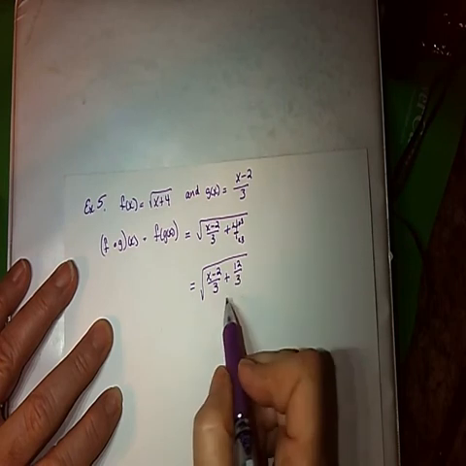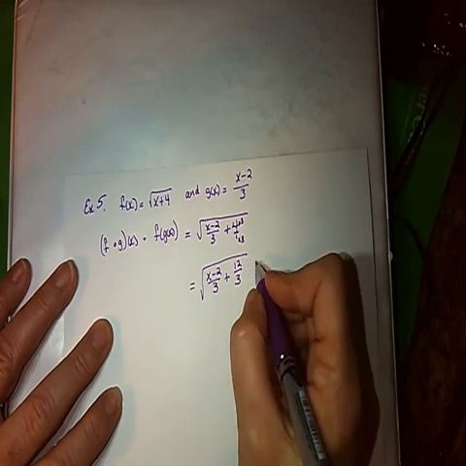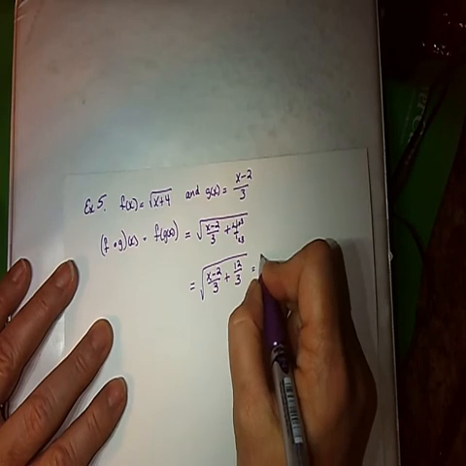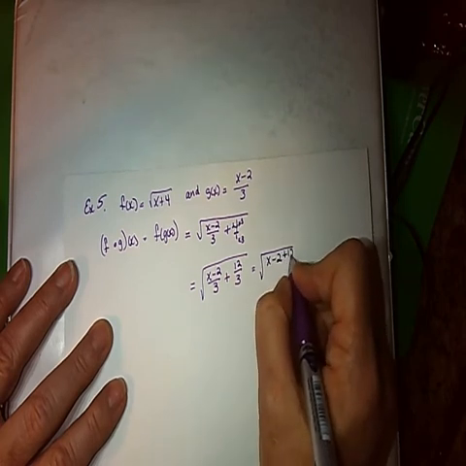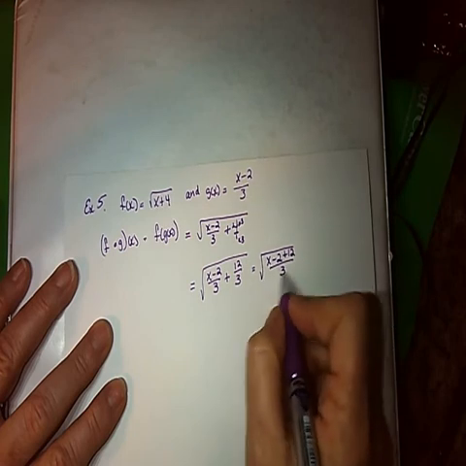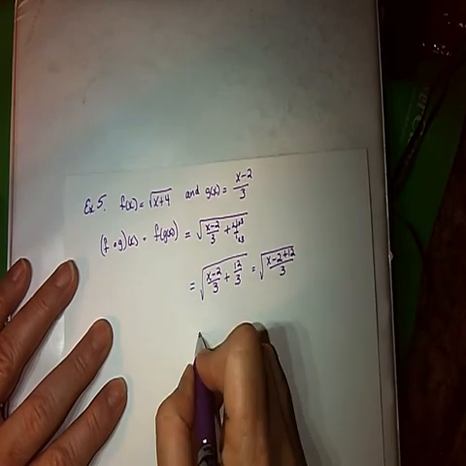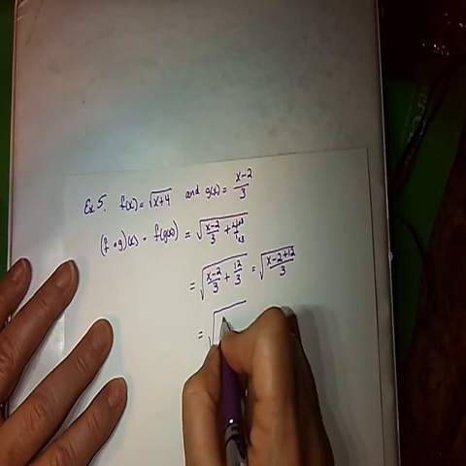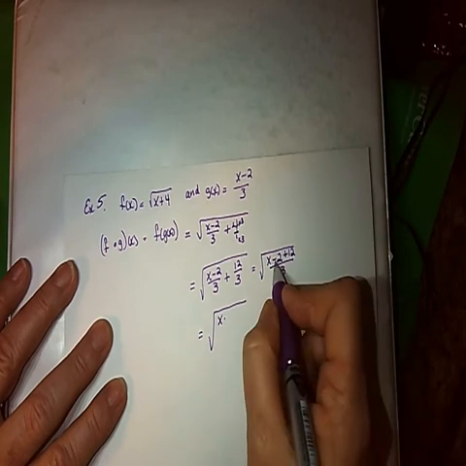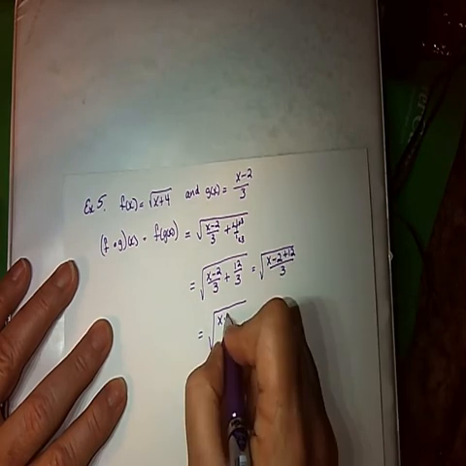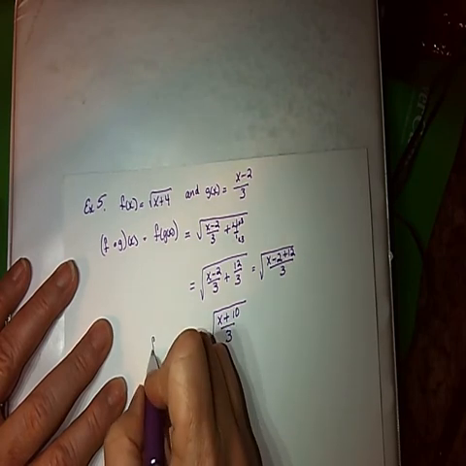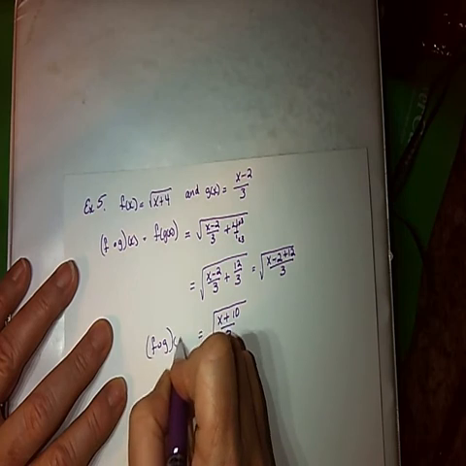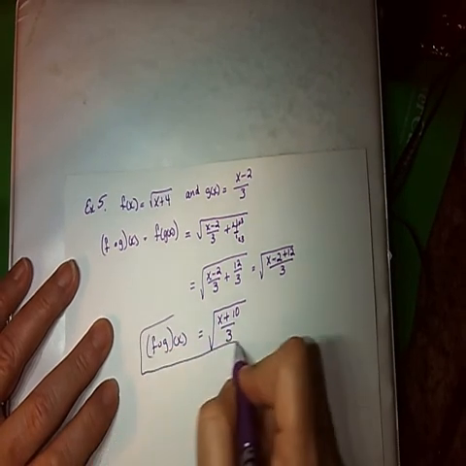Once I have the same denominator, I can write it as one fraction, (x minus 2 plus 12) over 3, and I still have to simplify it. So I'm going to have the square root of (x plus 10) over 3. And so this is my composition of f of g of x.